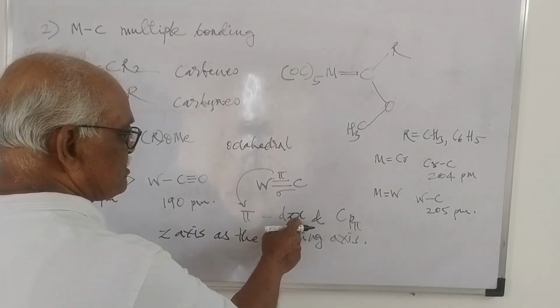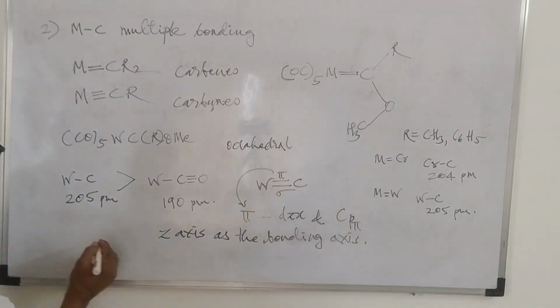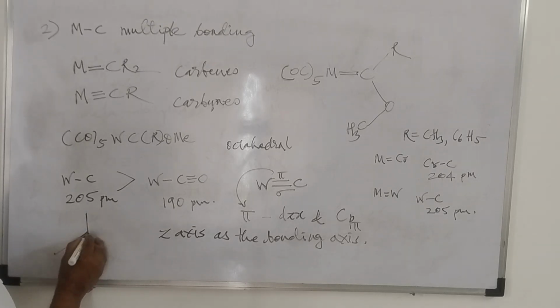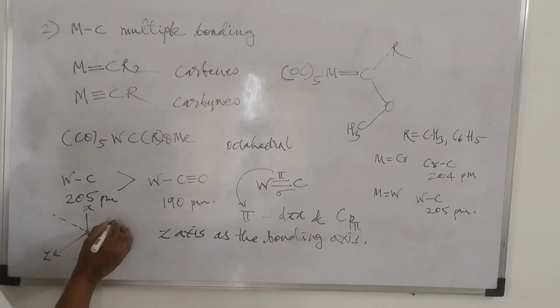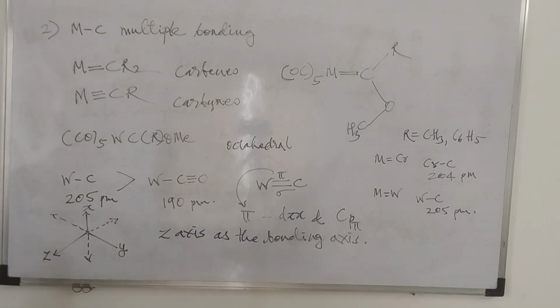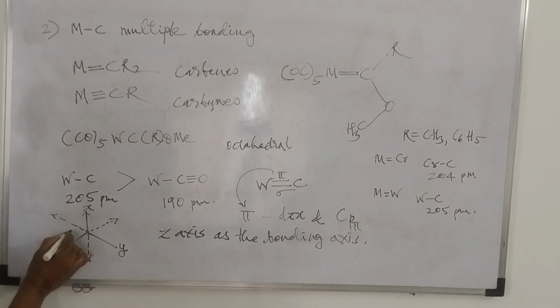So for the dzx orbital, if we show these axes like this, perpendicular to each other, this is the x-axis, this is the y-axis, and this is the z-axis. The dzx orbital lies between the z-axis and x-axis in this way.